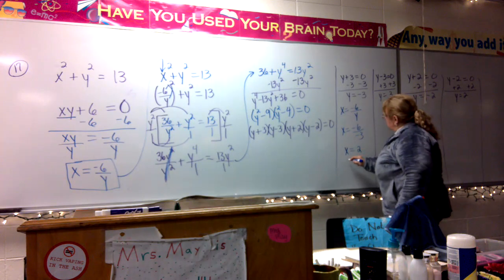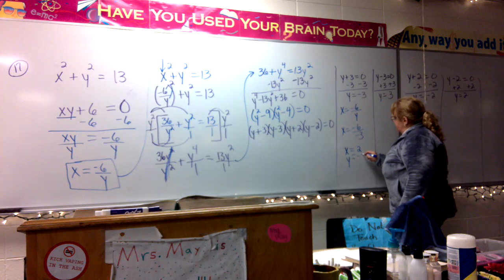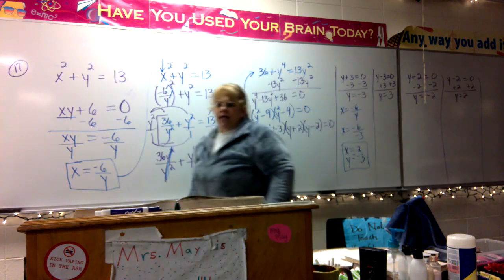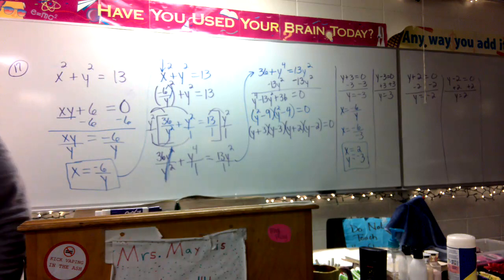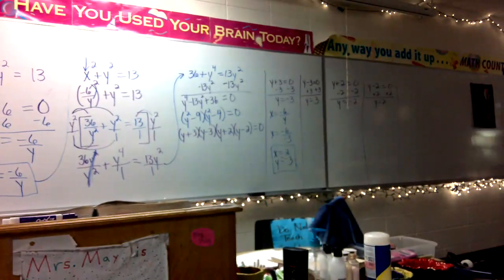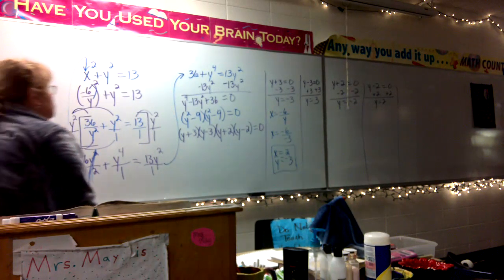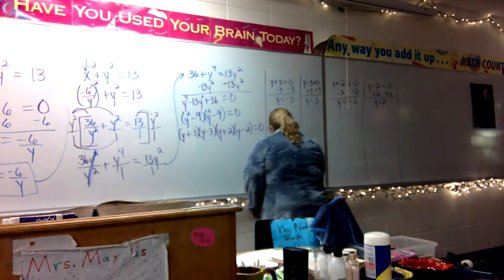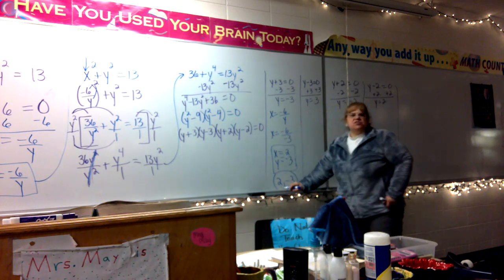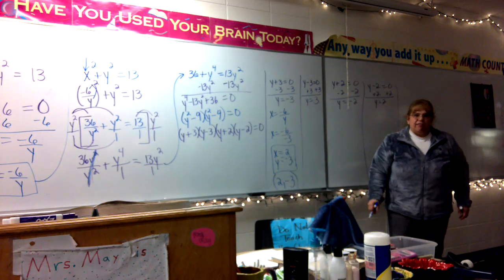So x is 2, y is negative 3. I would like you to write it like that. If you wrote it like this, I would like that too. I want to be able to see what x and y go together.